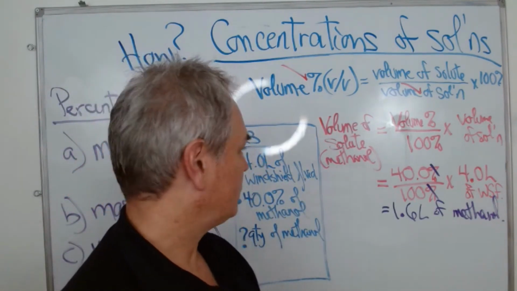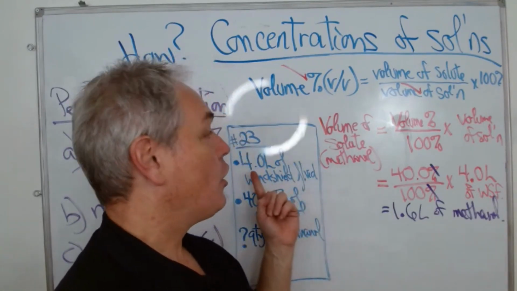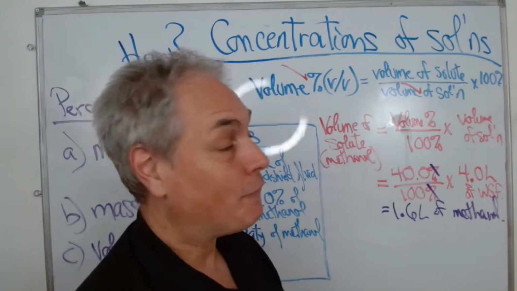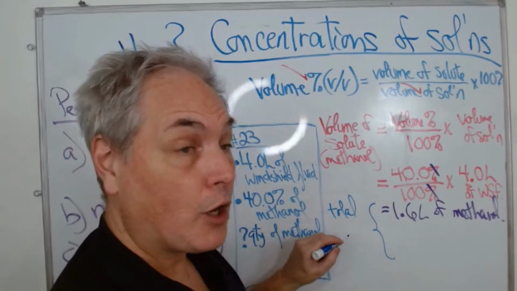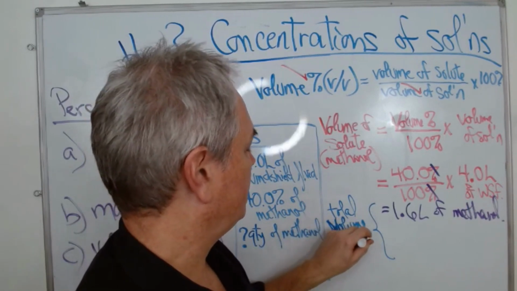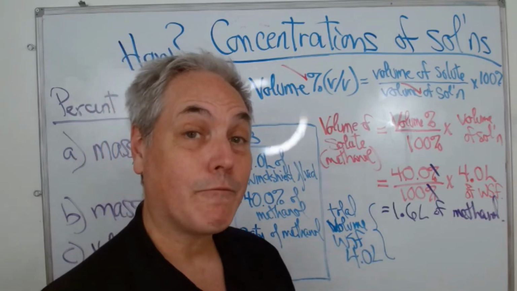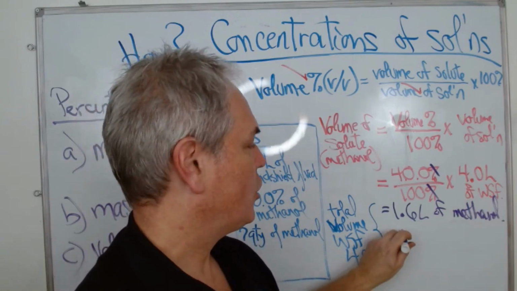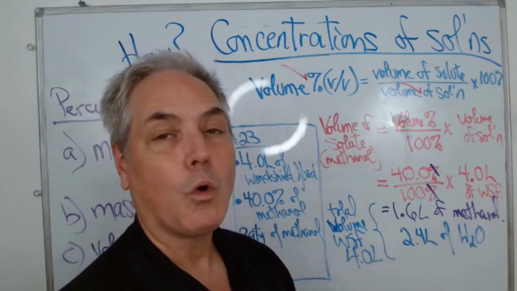Now we have to be careful because we don't need 1.6 liters of methanol and then 4 liters of water, because the total volume is actually 4. So if the total volume of the windshield fluid is 4 liters, that means that if we have 1.6 liters of methanol, we will need 2.4 liters of water, like this.